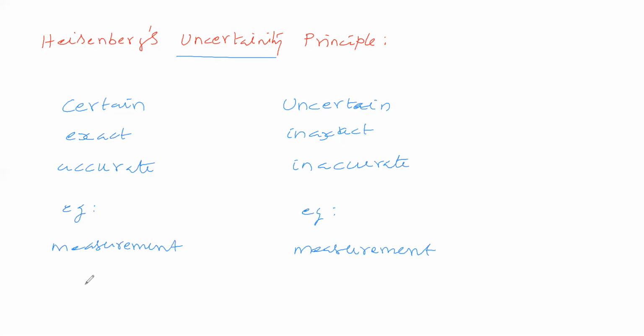So, which measurement is accurate and which measurement is inaccurate? For this, we give an example. Shall we say all the measurements are accurate? In day-to-day life, we are coming across many measurements.